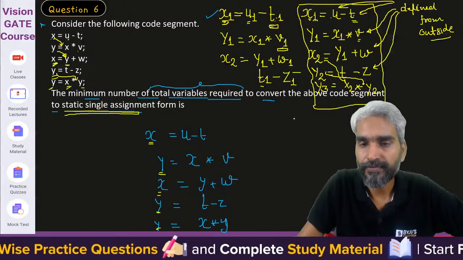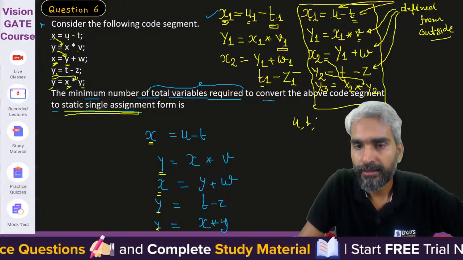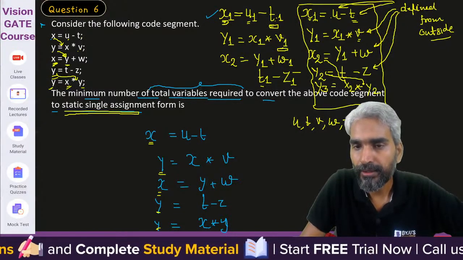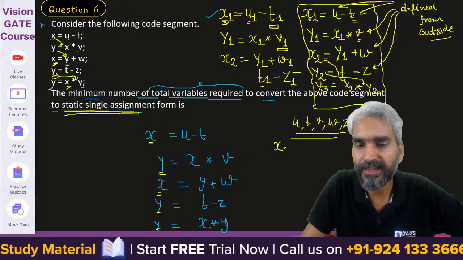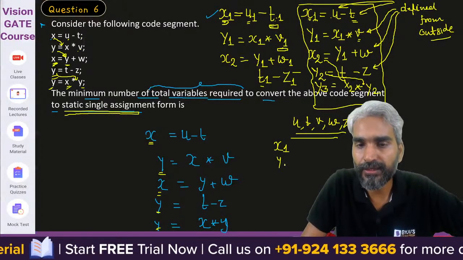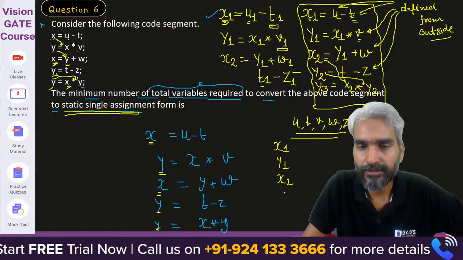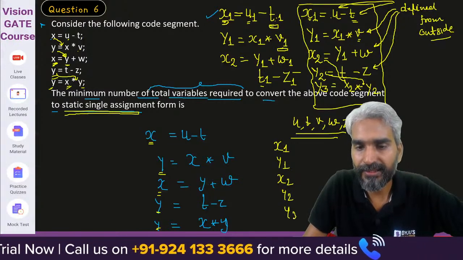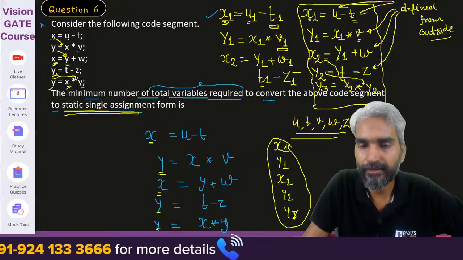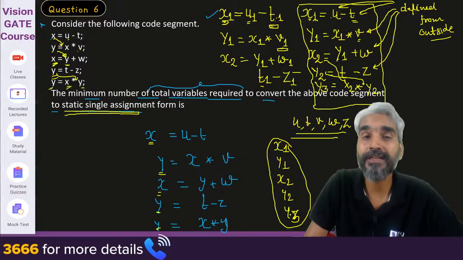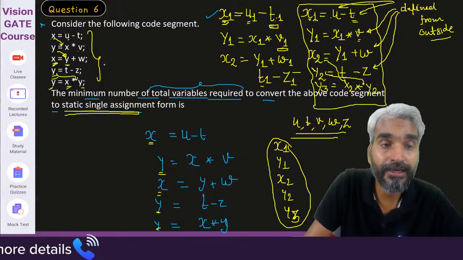Sir, u, t, v, w and z are assigned from outside, and the new variables which are initialized are x1, y1, x2, y2 and y3. So overall there are 10 variables which will be needed if you convert this code into SSA form.